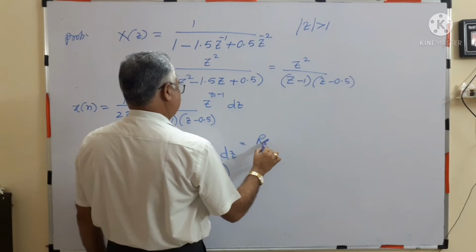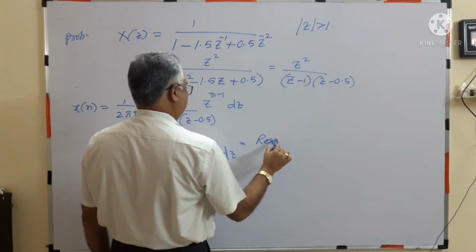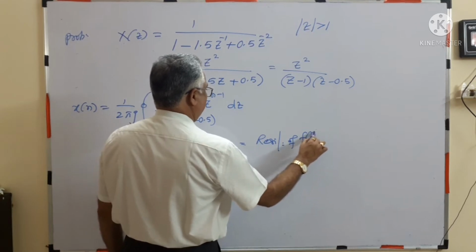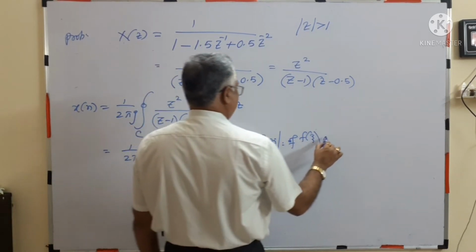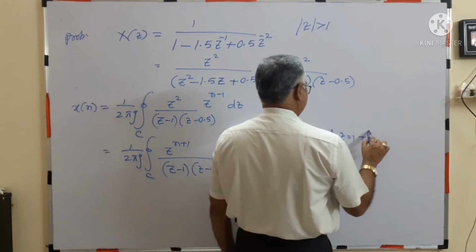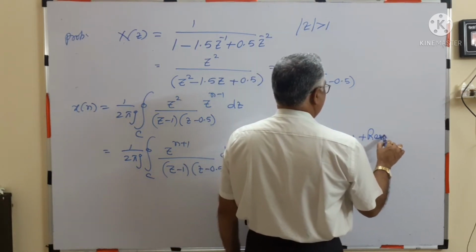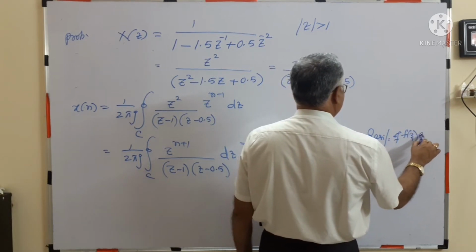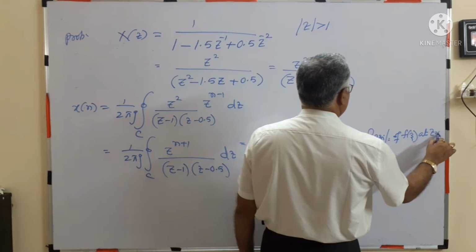Therefore it is nothing but residues of f of z at z equal to 1 plus residues of f of z at z equal to 0.5.